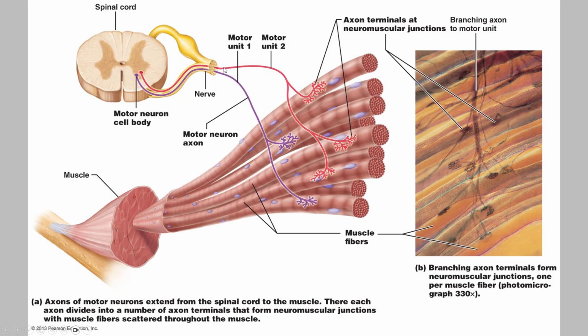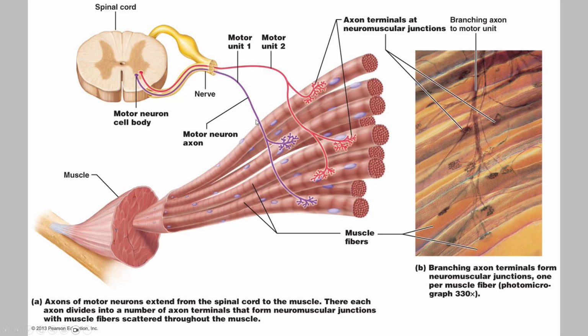But they're all from the same nerve, just different neurons. Motor unit 1 is this purple neuron and these 2 muscle cells. Motor unit 2 is this red neuron and these 3 muscle cells.